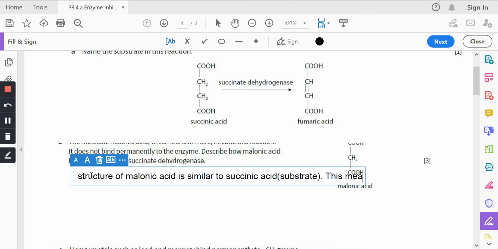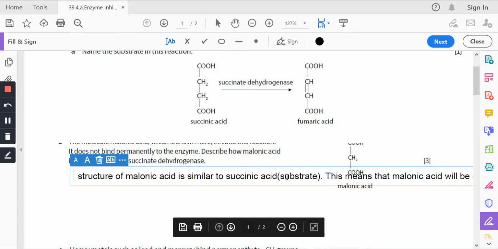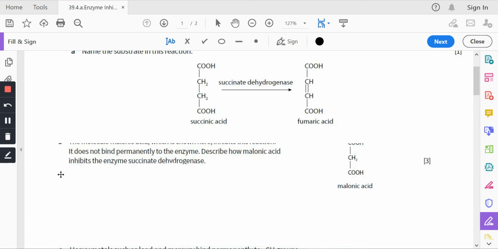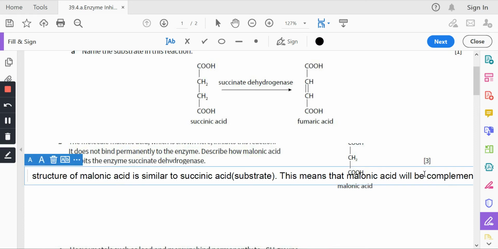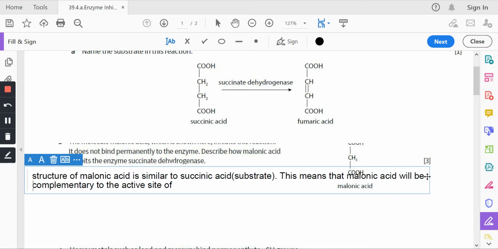So this means that malonic acid will be complementary to the active site of enzyme.